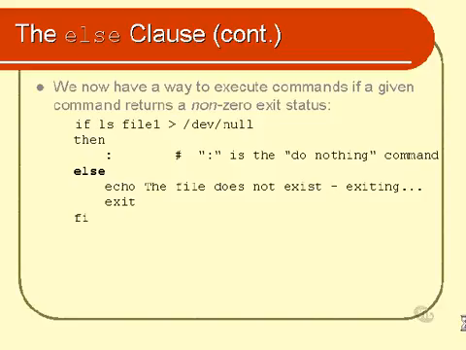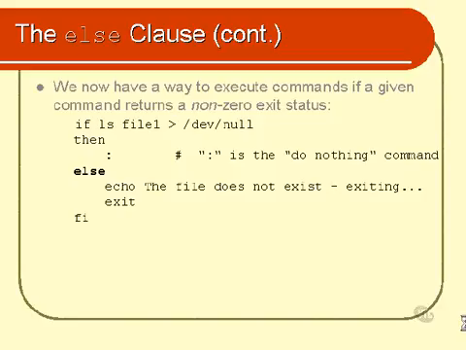Here we're testing to see whether file 1 exists or not, and in this particular code snippet we've decided that if the file does exist, then we really don't care. There's nothing that we want to do if the file does exist. We only want to do something if the file does not exist, and at that point we want to put out an error message and exit the program. So the way we go about that is we have a little do nothing command in the first half of the if statement.